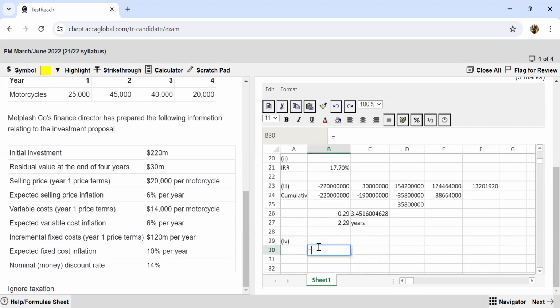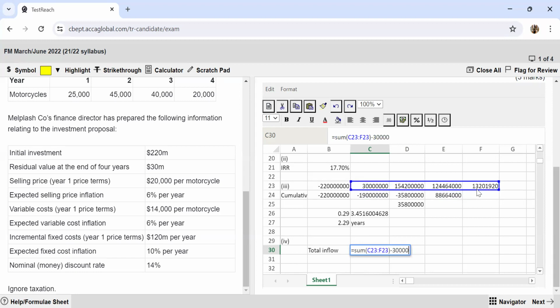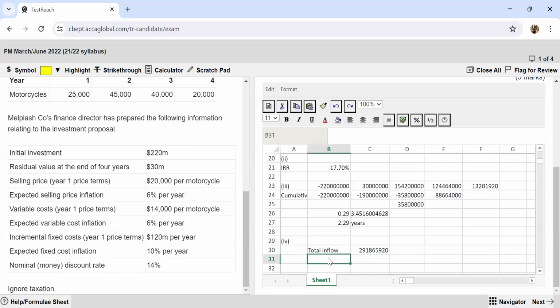So firstly, let's work out the total inflow, which is the sum of these values. For the same reason that I told you, I'm subtracting 30 million from here because those are sales proceeds from the sale of an asset and not technically profit. Now let's see how much depreciation there has been.